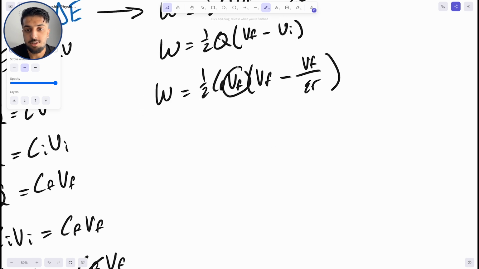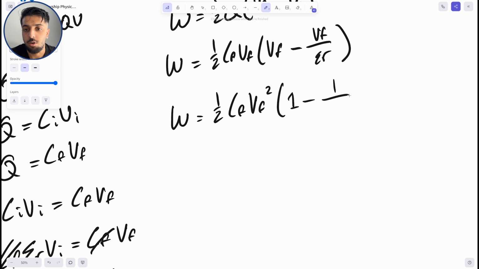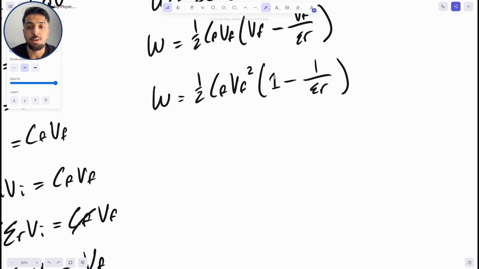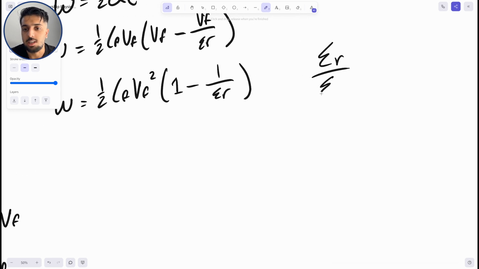Now, as VF is on the outside anyways, we can take out these also. And so we get work is equal to half CF VF squared, bracket 1 minus 1 over ER. Now we can rewrite this 1 as ER over ER because anything over itself is just 1.